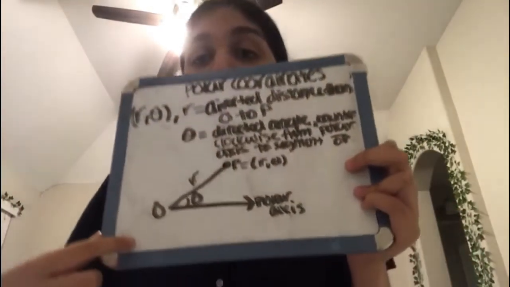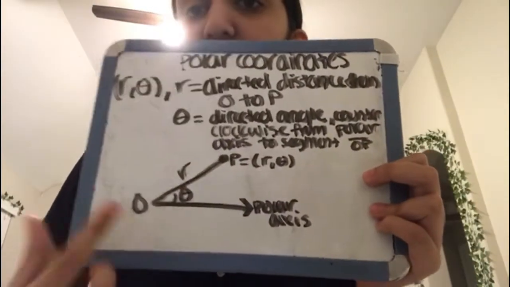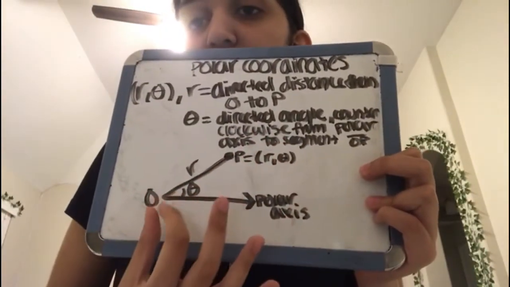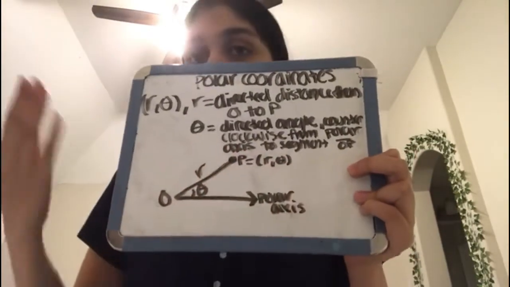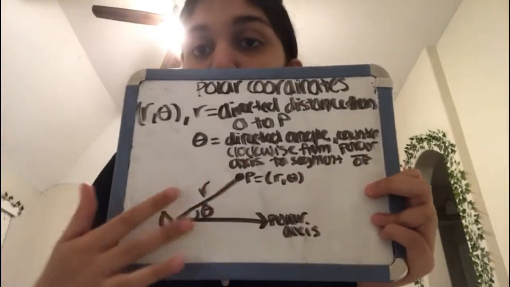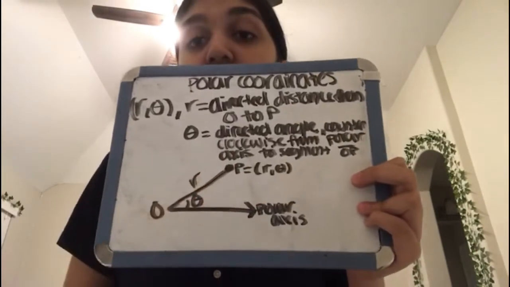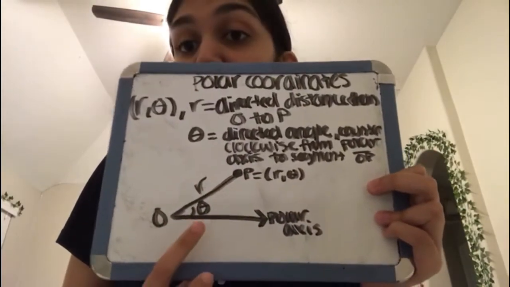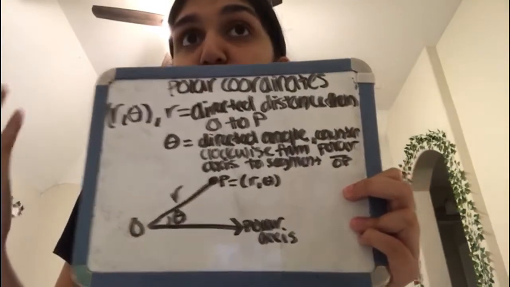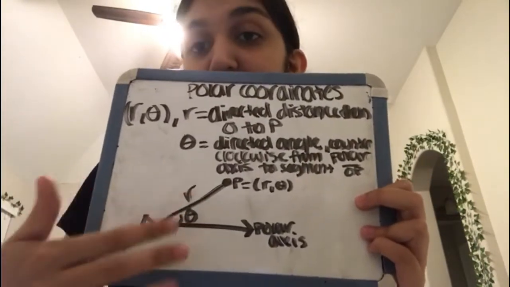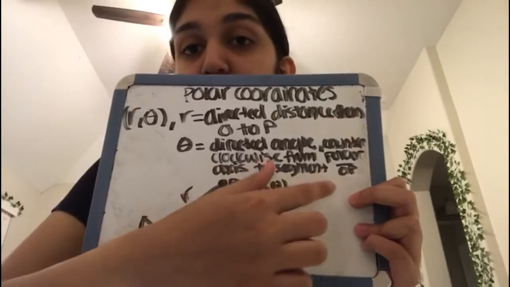Right here you see this is O, and this is P. R is a directed distance, so it shows the distance from O to P, and theta is basically the angle of OP.